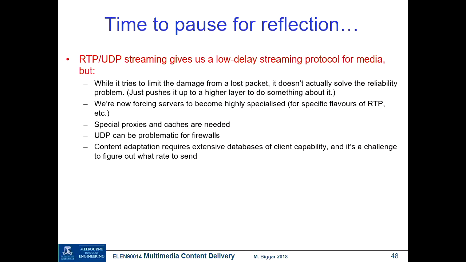So to get around this, we need this facility, content adaptation, and to achieve it, we need to know from the browser what device it is or what its capabilities are, look it up in a database and send the appropriate version of the content.